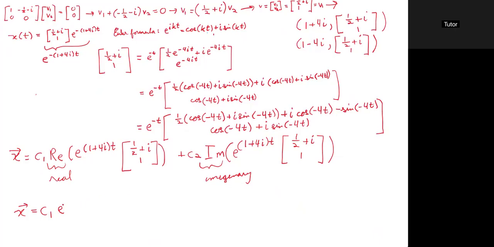So e to the negative t times what goes in the vector: 1/2 times cosine of negative 4t minus sine of negative 4t, which is part of the real part. And then on the bottom, it will be the real part corresponding to the bottom, which is cosine negative 4t.